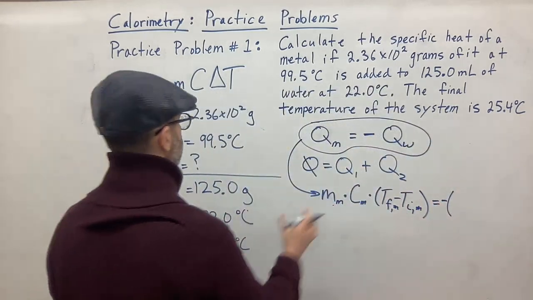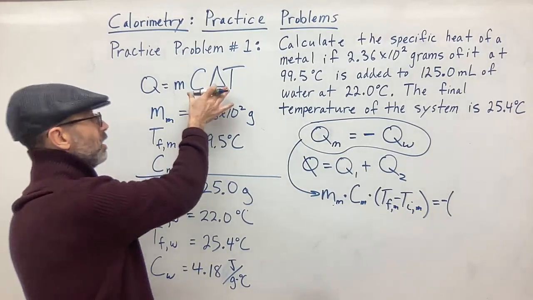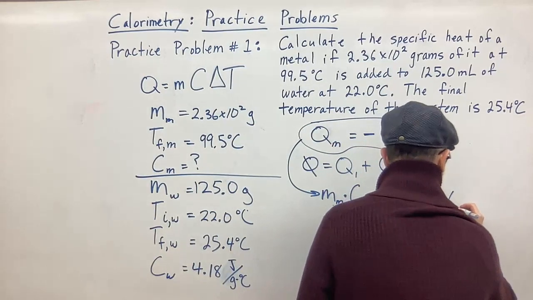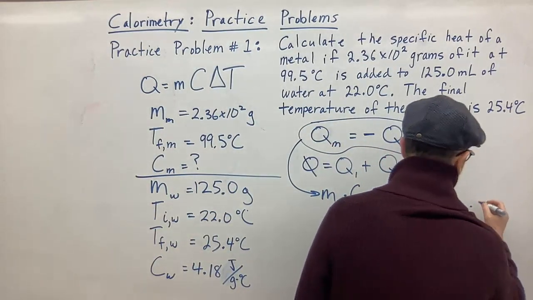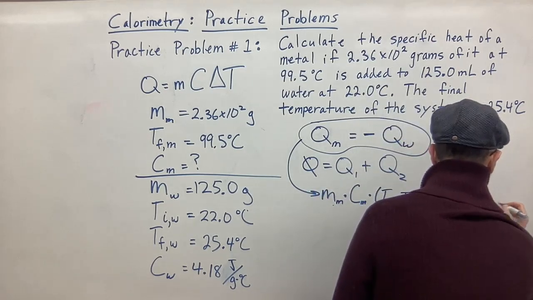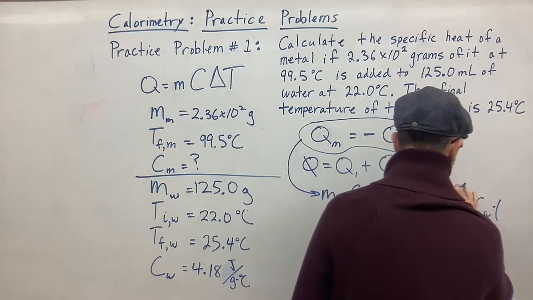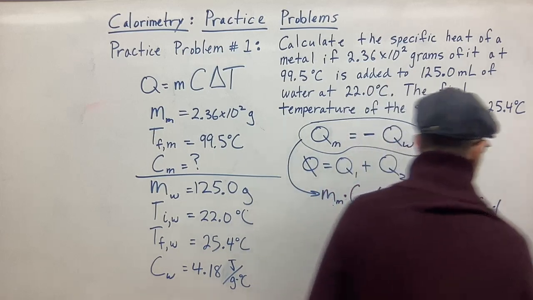And then everything inside, we're going to use the same equation for the water side, but everything's going to be in terms of water. So the mass of the water multiplied by the specific heat of the water multiplied by, and again, we have delta T, so I'm going to change this to square brackets.